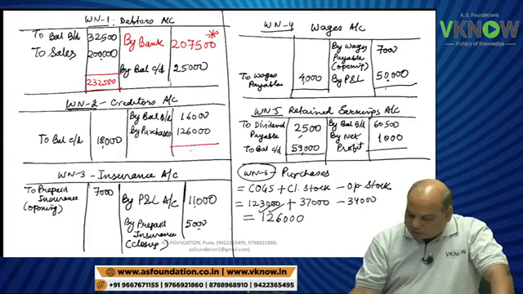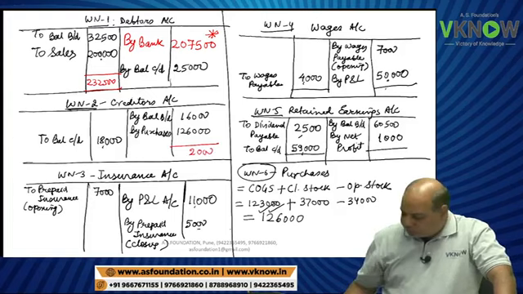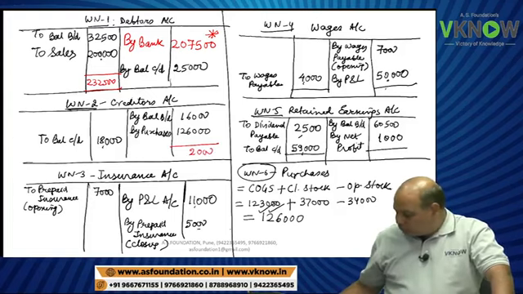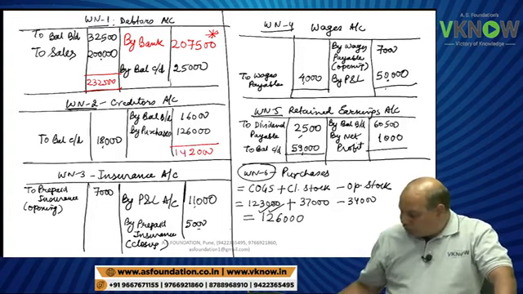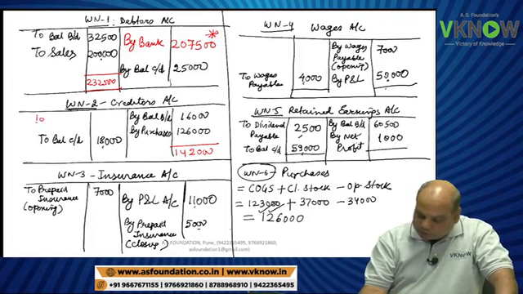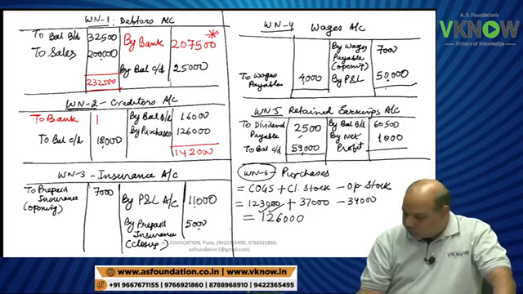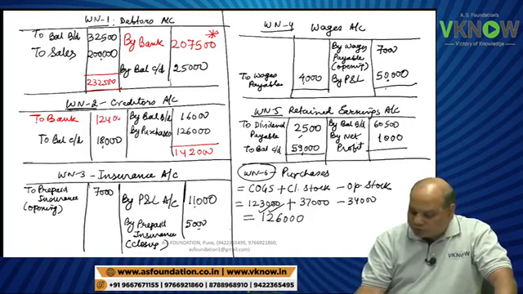Creditor account, credit side, 1,42,000 minus 18,000. Creditor to bank 1,24,000. Check.